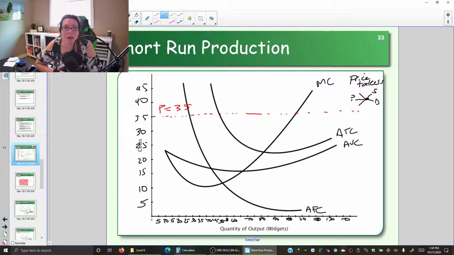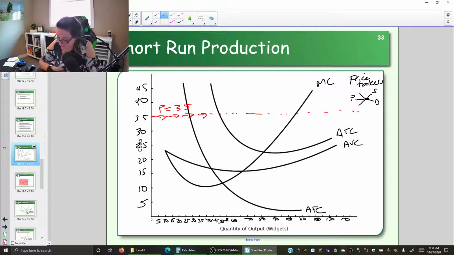So then this company has a decision to make. If we can sell our product for $35, because that's what everybody else is doing, how many would we be willing and able to sell? So we start here and we think, how do I decide how much quantity I'm willing and able to sell? Well, this comes back to the discussion we had at the very beginning of the semester, which is how does anyone make decisions?